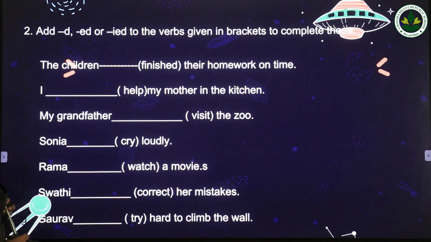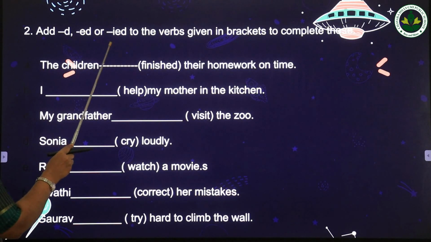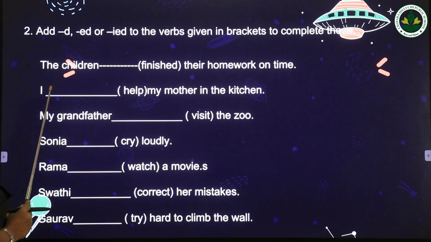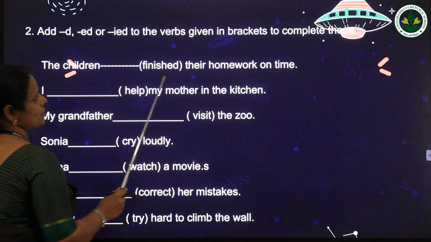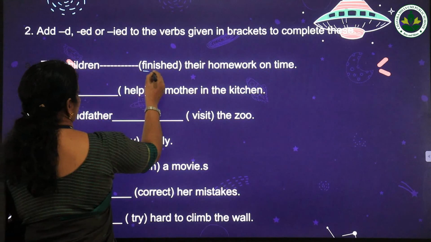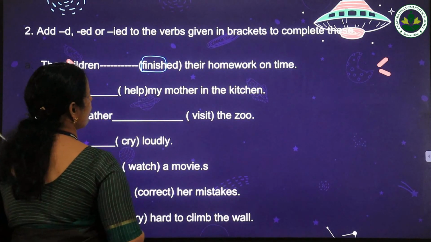Then next, you also have to add D, ED or IED to the verbs given in brackets to complete the sentence. The children finish their homework on time. So the word finish, you have to make the past form of finish.